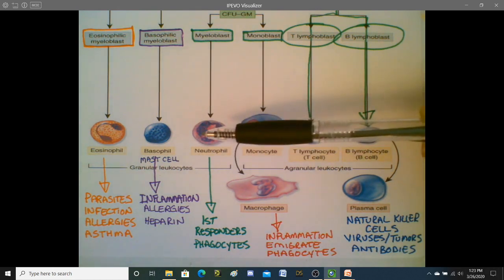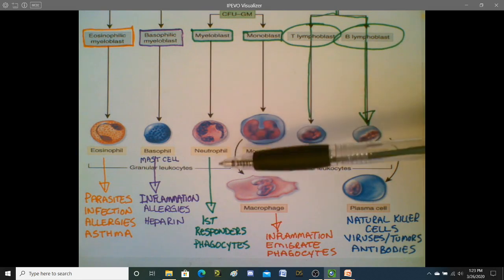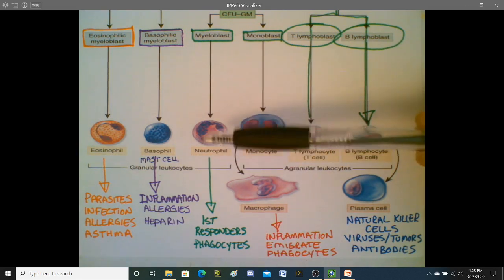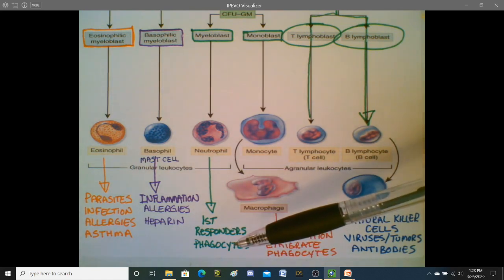They're the first to attack a pathogen. So if you get a bacterial infection, for example, neutrophils are going to be responding to that infection first. What they do is they eat the bacteria, that's called phagocytosis, and they destroy the bacteria.